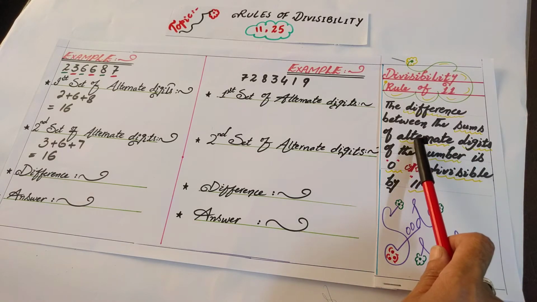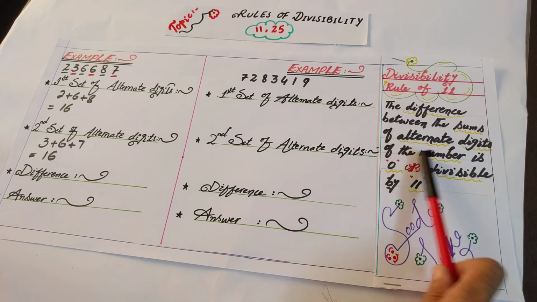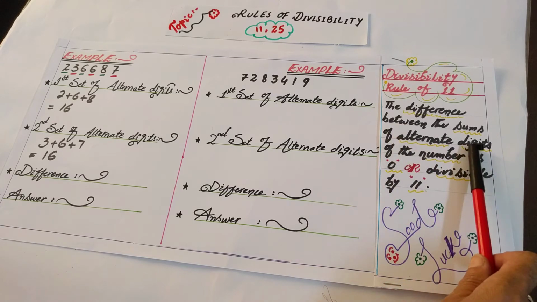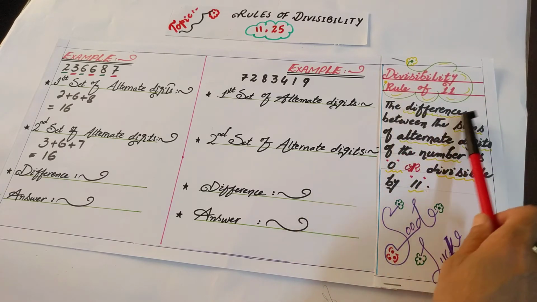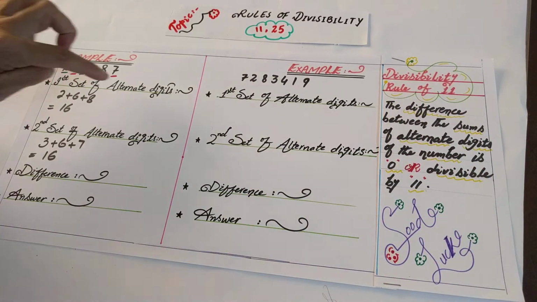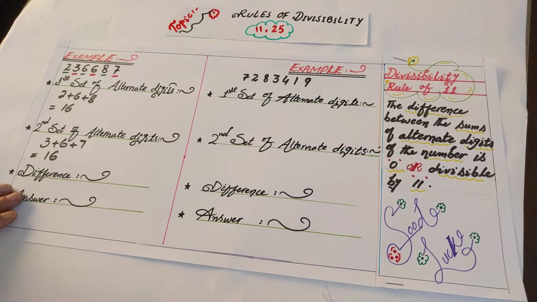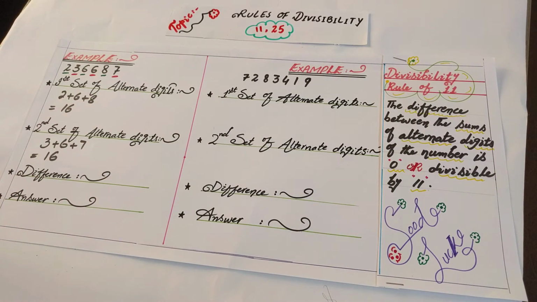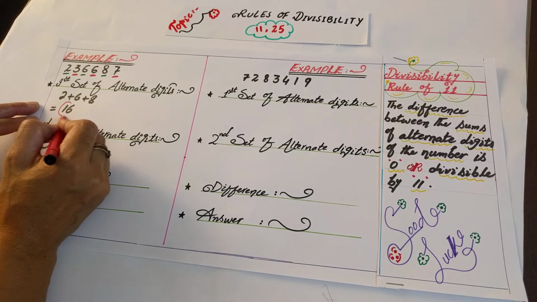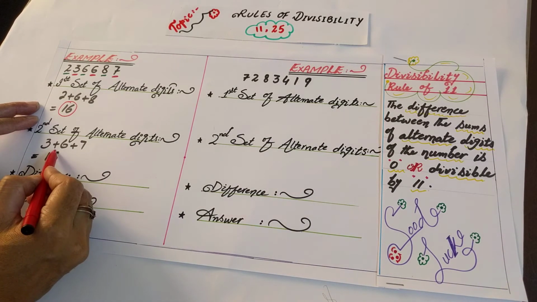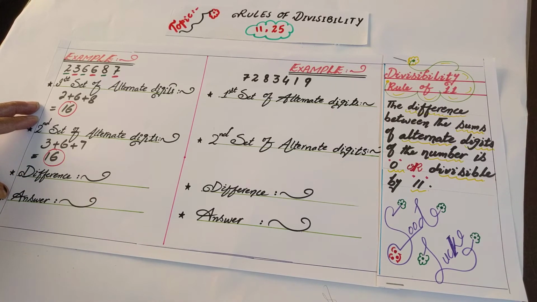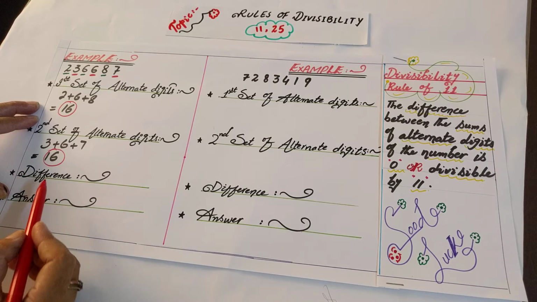After getting the sums of the alternate digits, you have to find the difference of these two. What is the answer of the first one? 16. The sum of the second one is again 16. Find the difference.